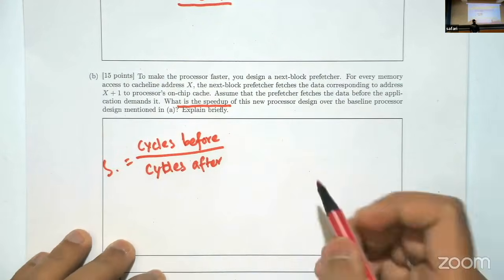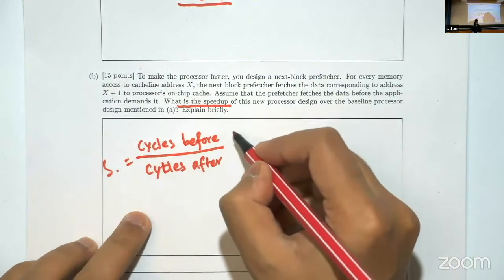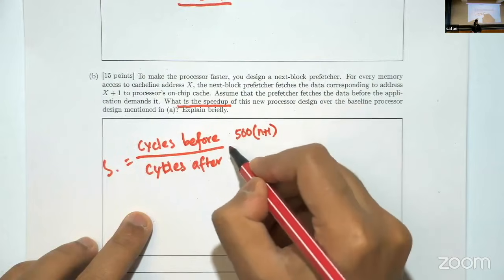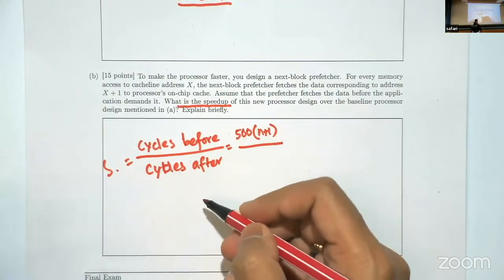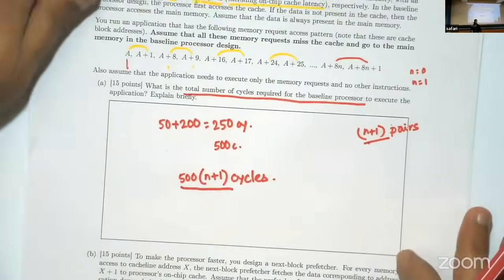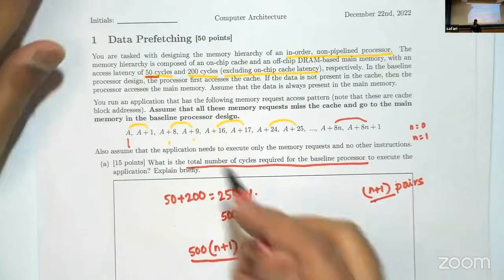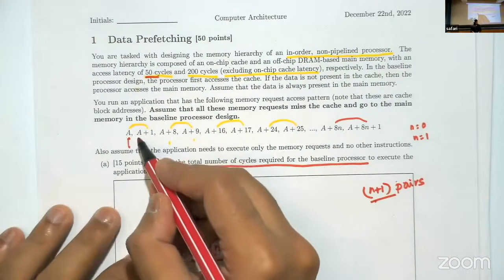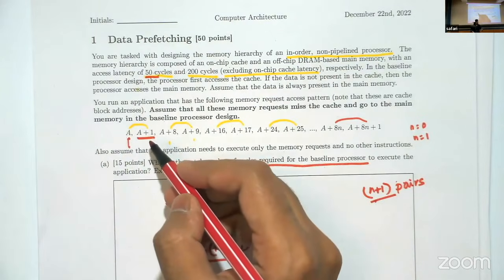Okay. So now let's say we know the cycles before was 500 into n plus 1. Fine. So now let's see what is the cycles after. If you implement the next block prefetcher, let's go back to this access pattern. A would go to main memory, but then A plus 1 would get prefetched into the cache hierarchy.